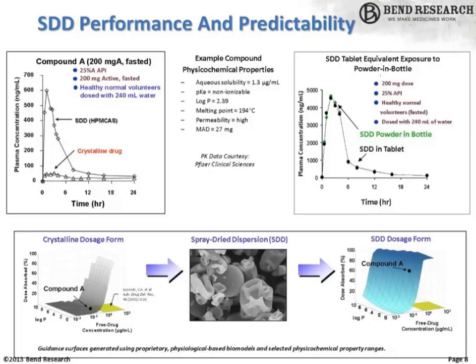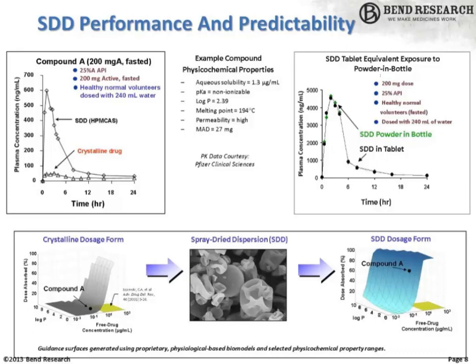And then finally, in the lower quadrant of the slide, it's not only important to recognize that the spray-dry dispersion can perform well both as a powder in a bottle and a tablet, but it's predictable. In the lower left, you can see that there's a guidance surface of what the dose absorbed for compound A should be for a crystalline compound.